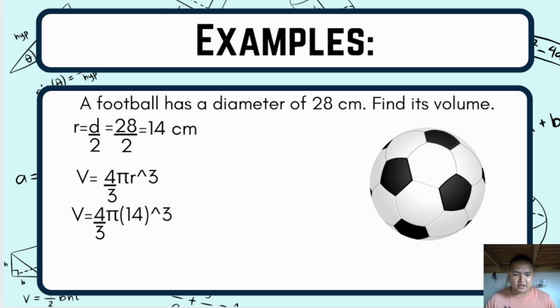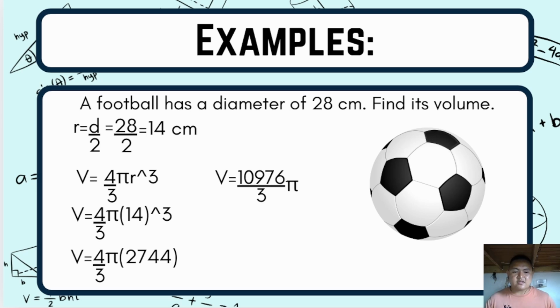So let's cube the 14 and we're gonna get 2,744. So the next thing that we are gonna do is multiply the 2,744 to 4, which is gonna be 10,976 all over 3 pi. So let's multiply 3.1416, which is our pi, to the 10,976.